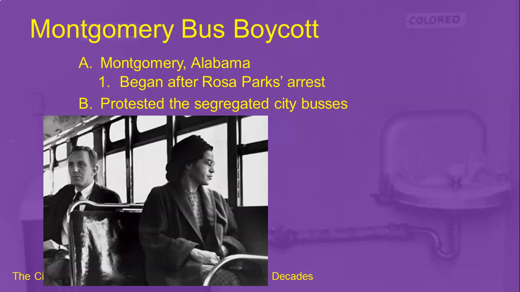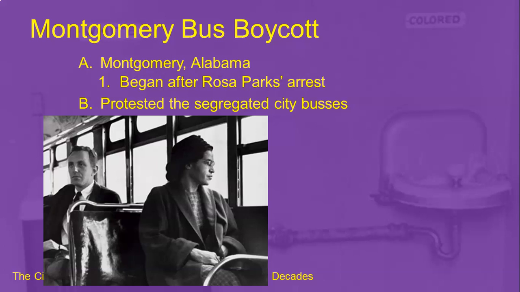And initially, when she sat on the bus, she was sitting in the right spot. The way these buses operated, as you had fewer white patrons on the bus, there would be fewer seats up at the front, and they would move the segregated seating forward, so African Americans could sit closer toward the front. As more African American riders got off and more white riders got on, they would then move the segregated seating back.